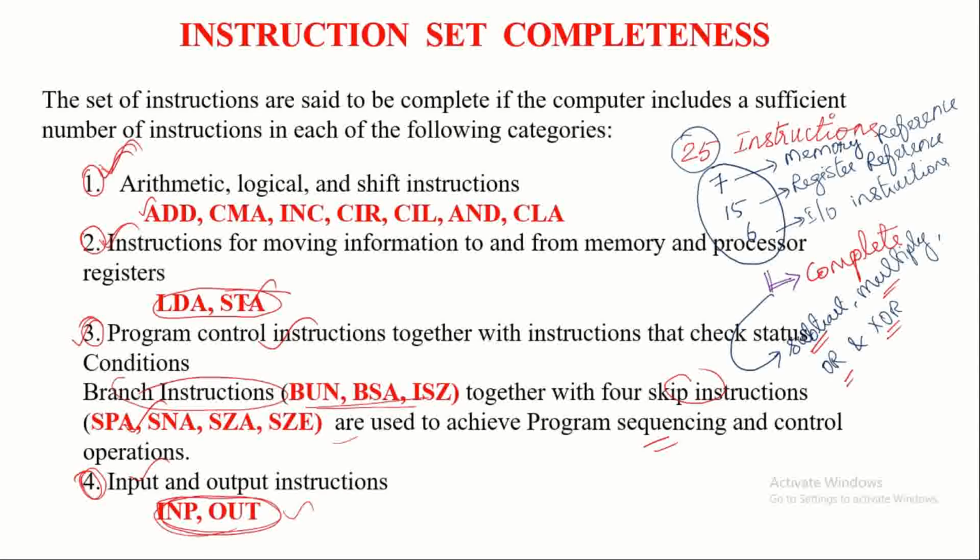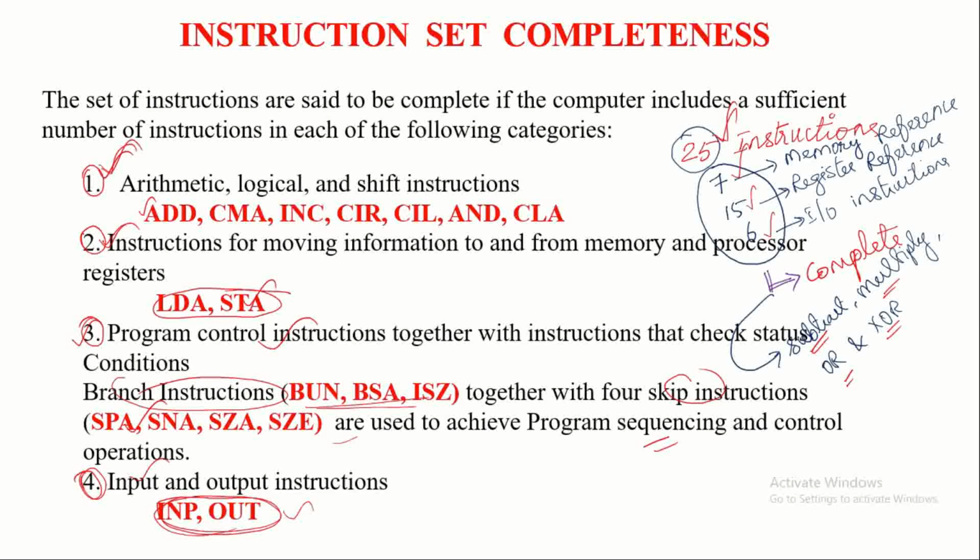In the basic computer instruction set there are totally 25 instructions available: 7 instructions are in memory reference, 12 instructions are in register reference, and 6 instructions are in IO instructions. So with all these 25 instructions, the operations that fall under these four categories can be performed.